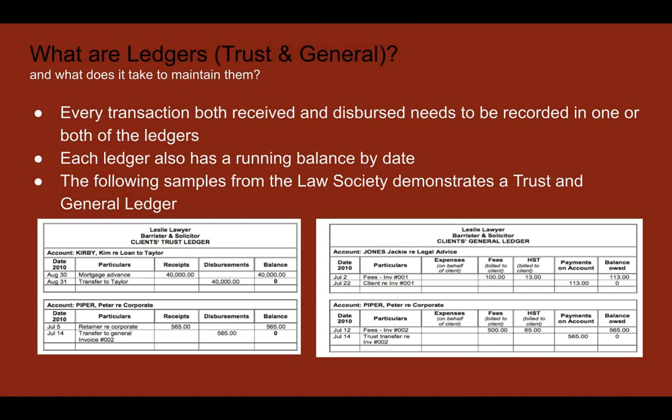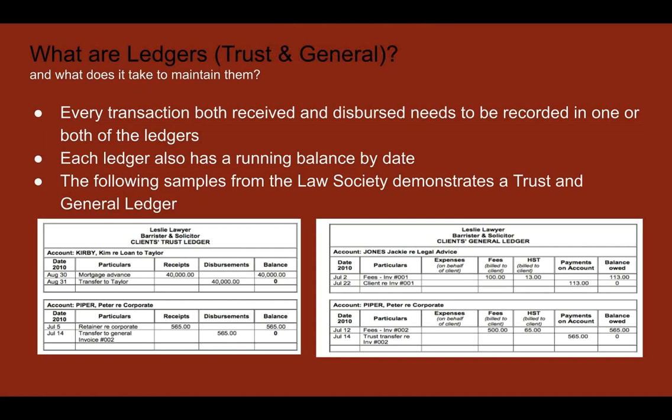Each ledger also has a running balance, because on that specific date, what was the balance. And as you all see here on the screen, there's a sample of how a ledger looks like and what goes into a ledger.